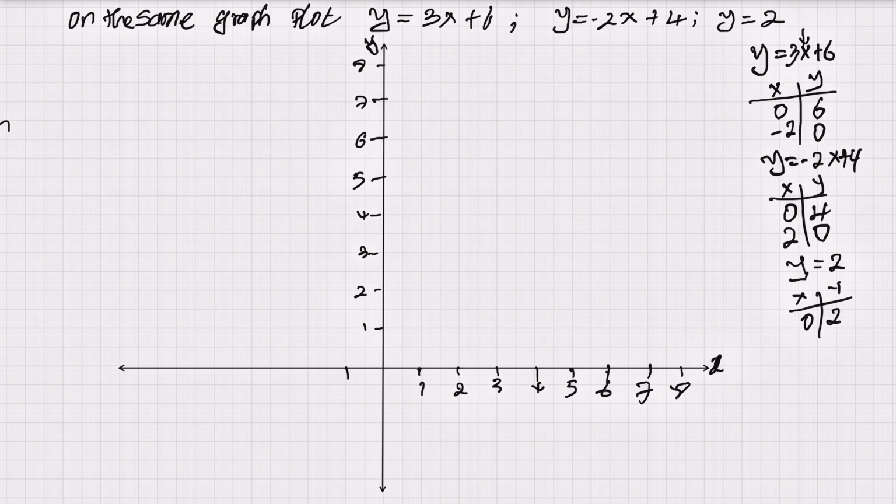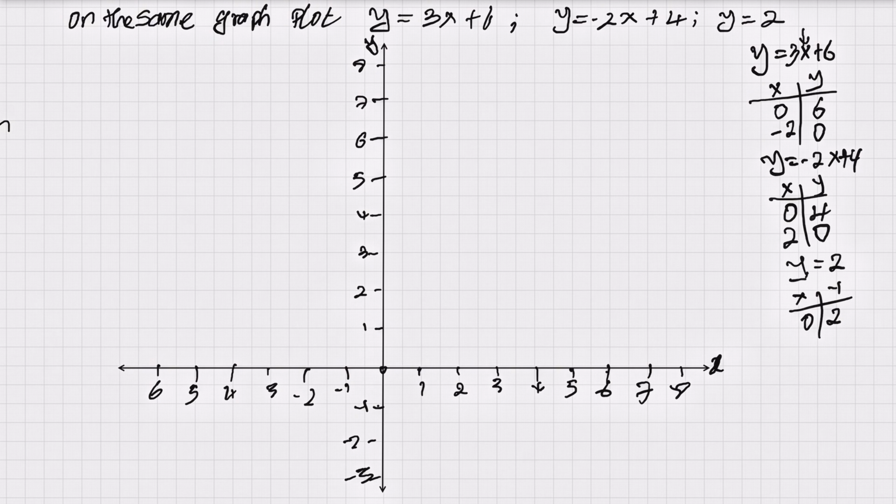And these are the negative: 1, 2, 3, 4, 5, 6. And on the x-axis we can just do negative 1, negative 2, negative 3. I think that will be okay. And this is 0.